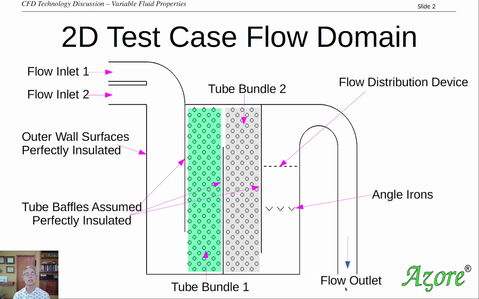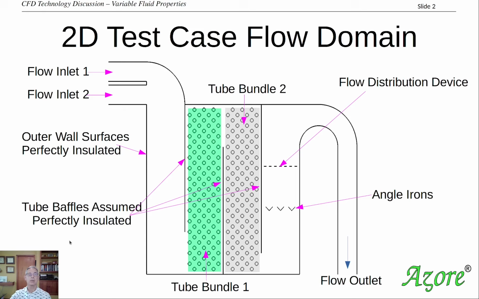In these analyses that we're going to be looking at right now, we're interested in looking at heat transfer in this problem. To help simplify the heat transfer analysis, we're going to assume that there is no energy loss that passes through the exterior walls of this system. So we're going to assume that the outer walls of this domain are perfectly insulated.